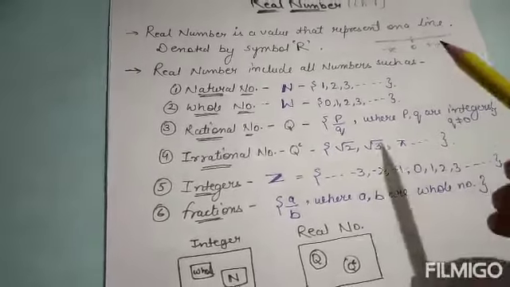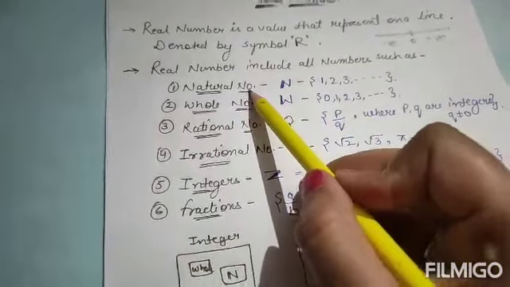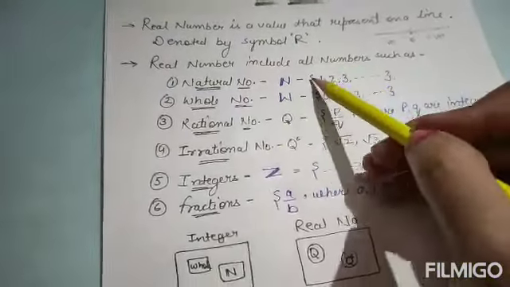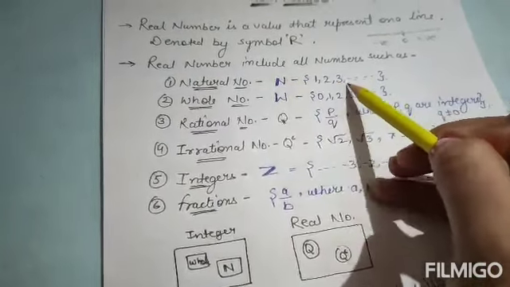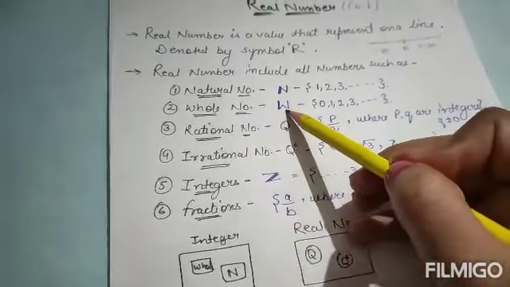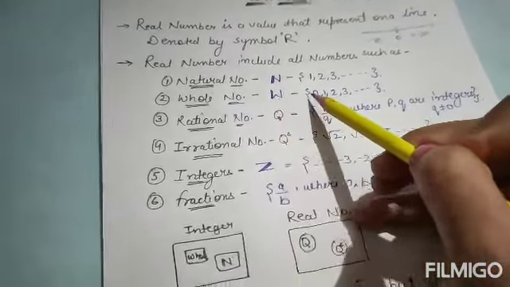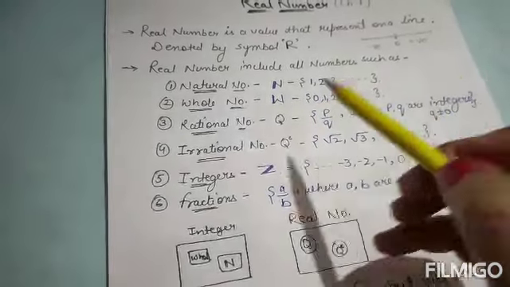Real numbers include all numbers such as natural numbers. What is a natural number? It is denoted by capital N and it includes all the positive integers. Whole numbers are denoted by capital W and include 0 plus the natural numbers.